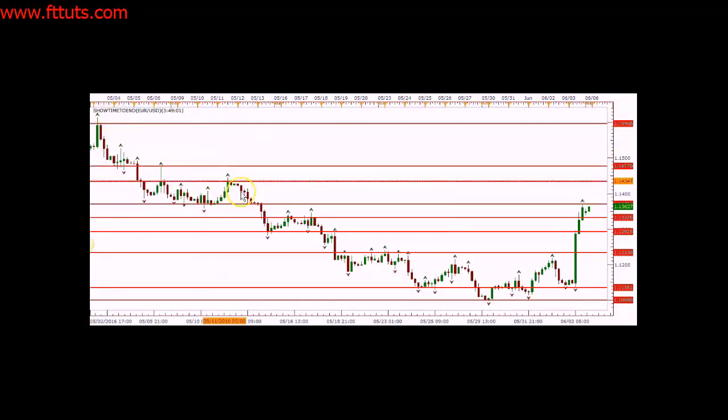So the market's moving to the downside. If you're trading to the downside, you don't trade support at all. You trade resistance, because if you trade support, then that means you're trading when the market breaks through that level.